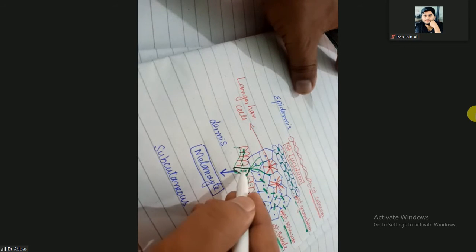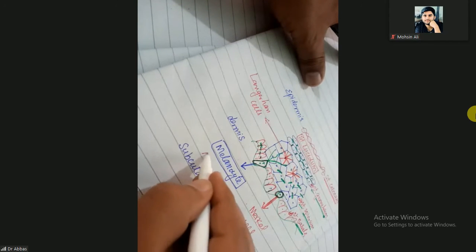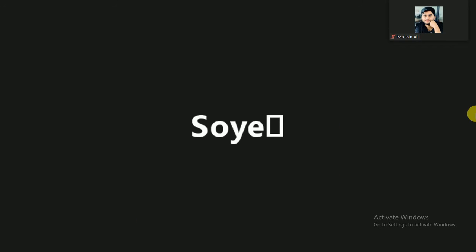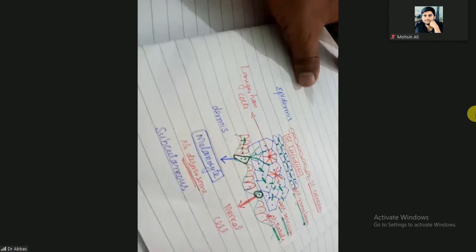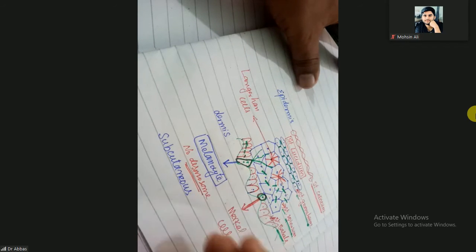It is free, with no attachment by desmosomes. So no desmosome for the melanocyte. The melanocyte present in the basal cell layer is not attached to the keratinocytes of the basal cell layer with the help of desmosomes.